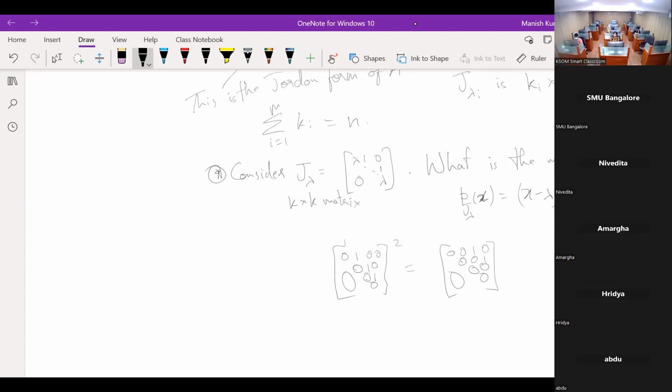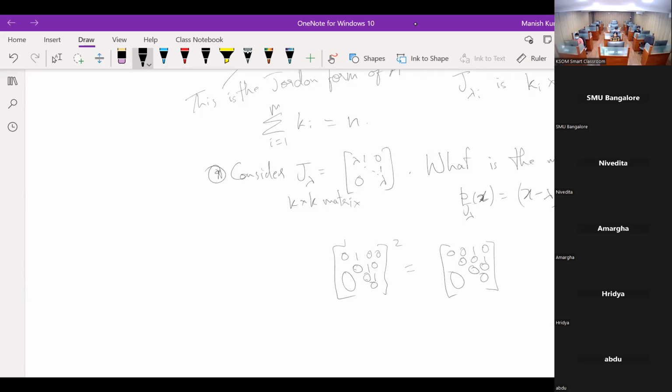If you do the 4th power, then you'll get 0. This is something you can do by hand, multiplying by hand. This is true more generally: if you do the k minus 1th power, it will not become 0. To make it 0, you'll have to take the kth power.